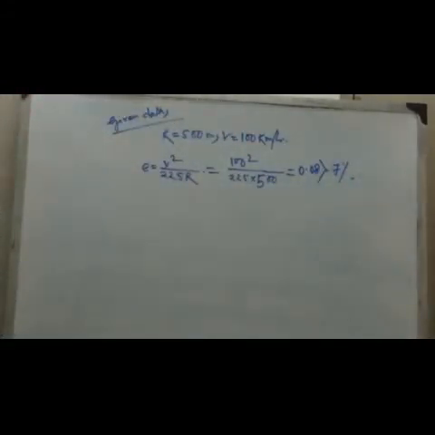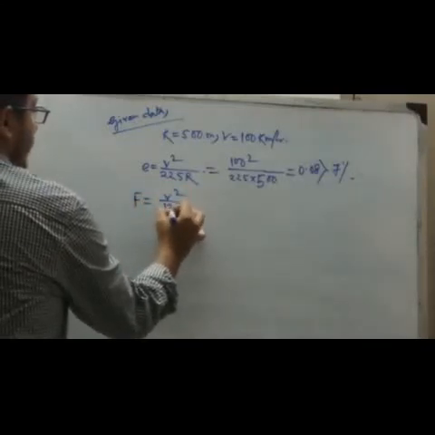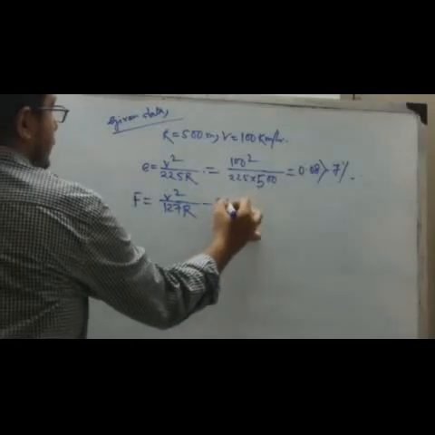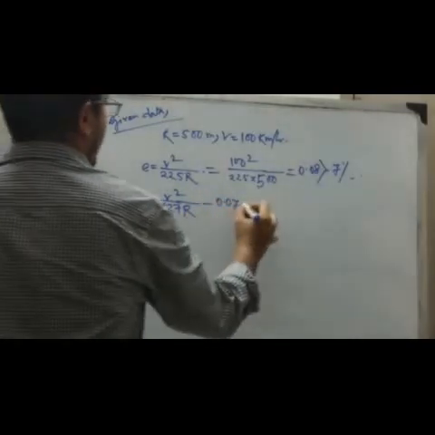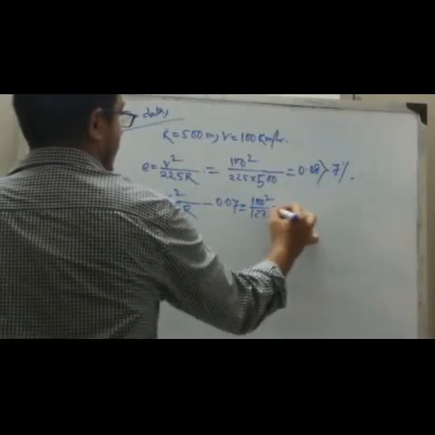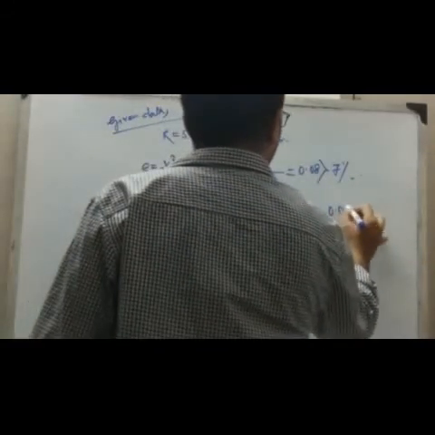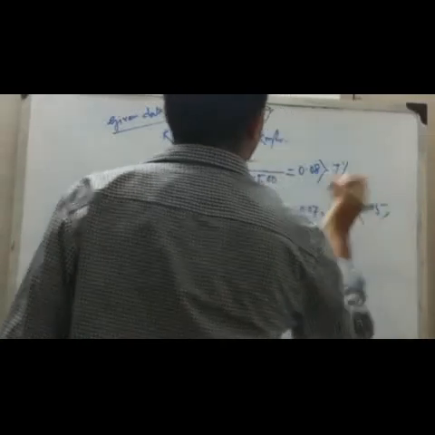So we have to check the next step, that is the coefficient of friction, V square by 127 R minus 0.07. And if we put this value in this equation, then you will get by the calculator the value 0.08, which is less than 0.15.